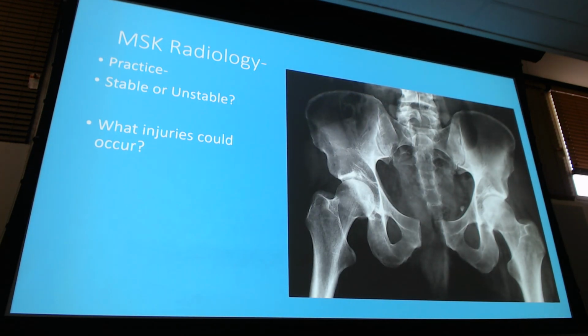How about this one? Stable or unstable? This one's a little more challenging.